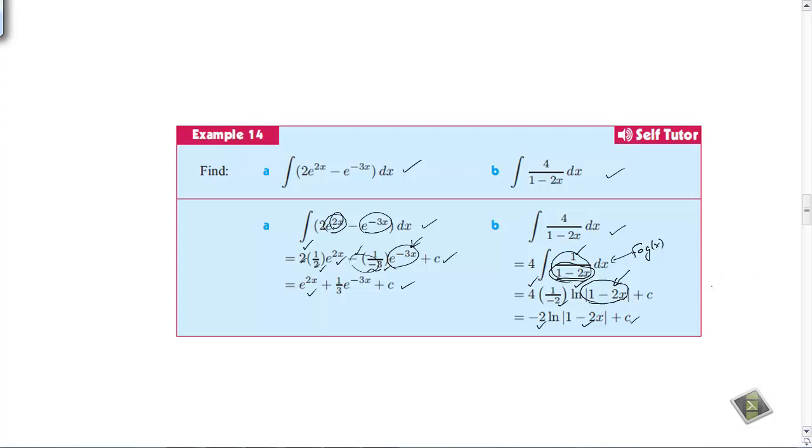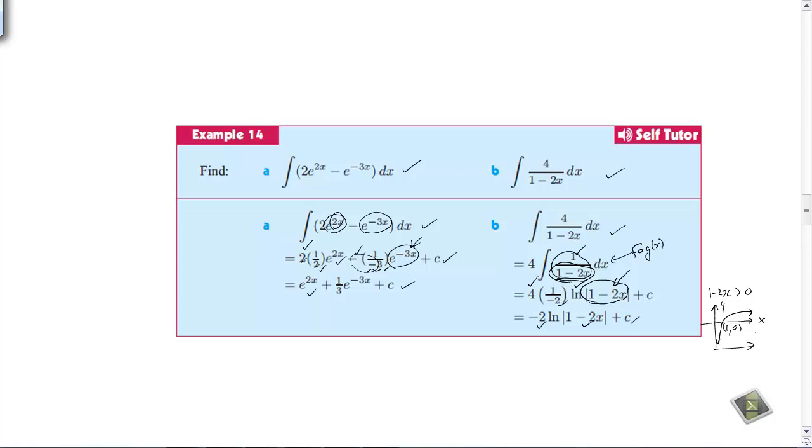Or you could leave it as a statement here without using the mod, where 1 take 2x is greater than 0. Just remembering what we're saying there, this is well and truly in the course, where we're talking about using the log function here. So you've got to say it only exists there for positive x.